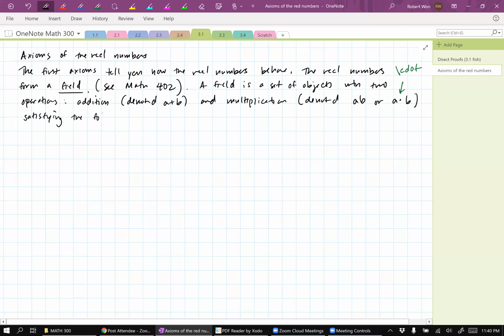So these properties tell you exactly how the real numbers behave. Well, actually, they tell you how any field behaves. So field axioms. In other words, these axioms tell you properties of addition and multiplication.